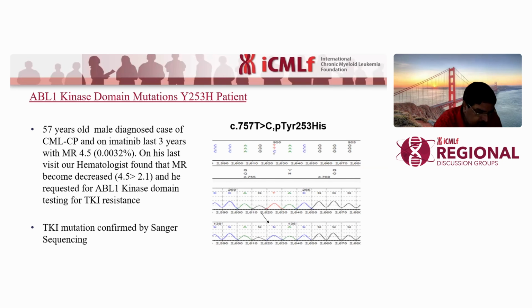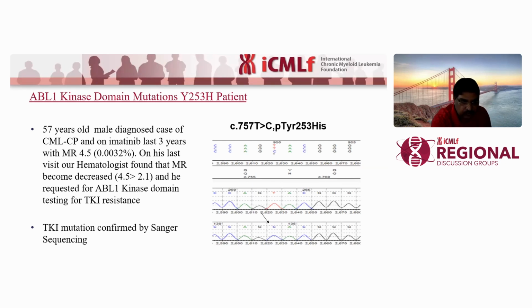As we know, the sensitivity of Sanger sequencing is 15 to 20%, so any clone size lesser than 15% will not get picked up. That is why the ELN is saying that you should do NGS, next generation sequencing, and any clone that is more than 5% and less than 15-20%, you can say that it is actionable.